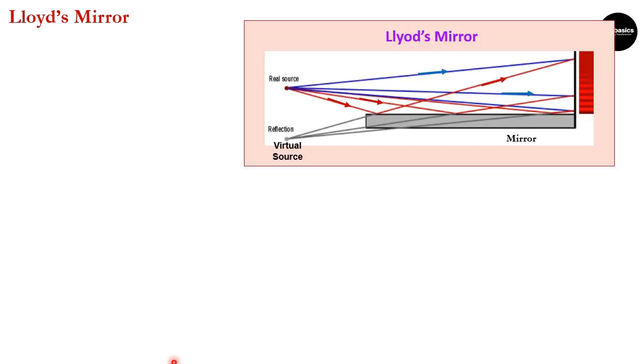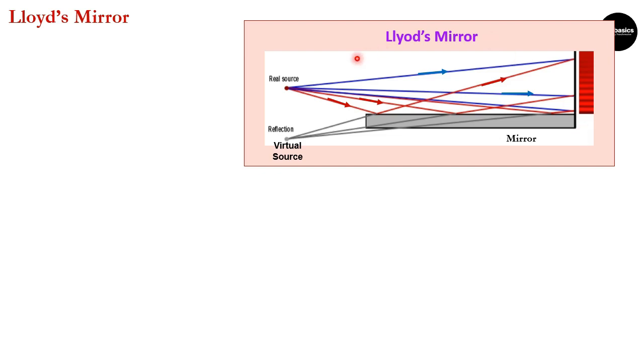The first method of obtaining two coherent sources from a single primary source in the lab is Lloyd's mirror. In this, we have a real source of monochromatic light, and from this source, light is allowed to fall on a plane mirror. A screen is placed perpendicular to this plane mirror.